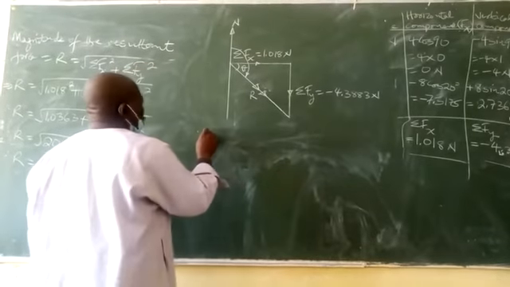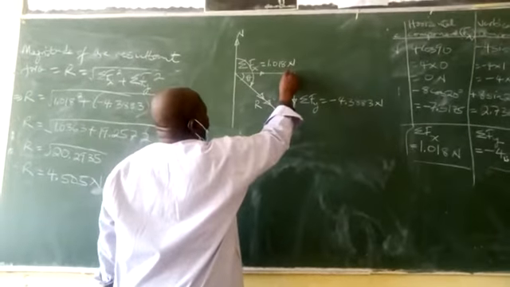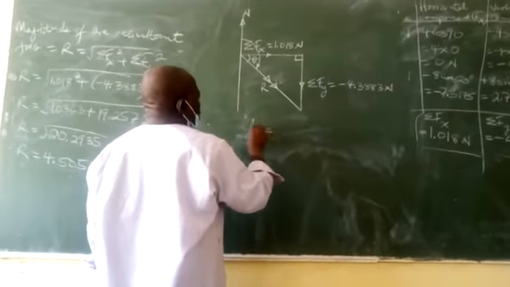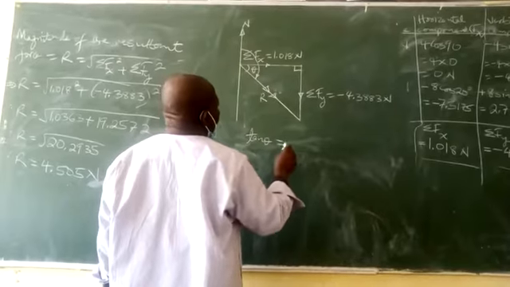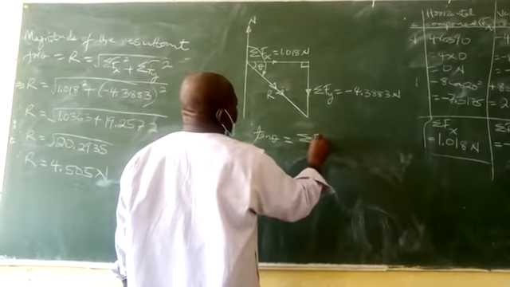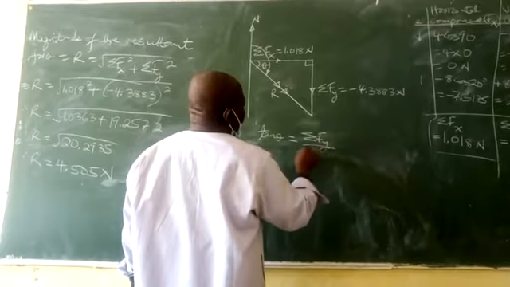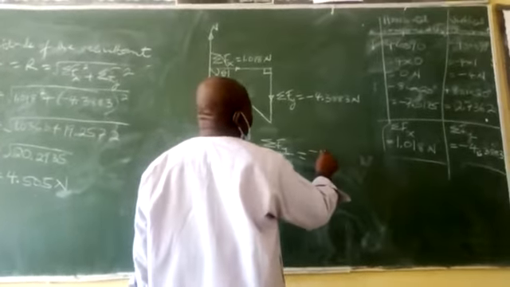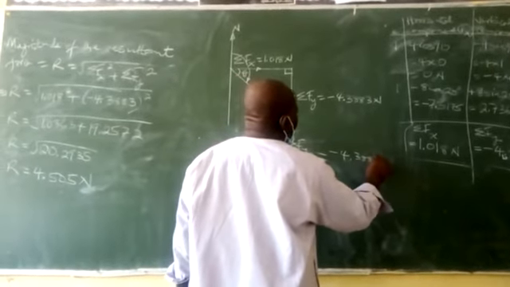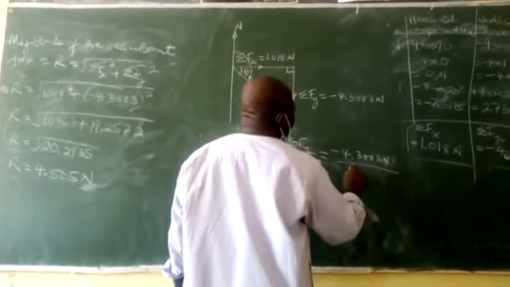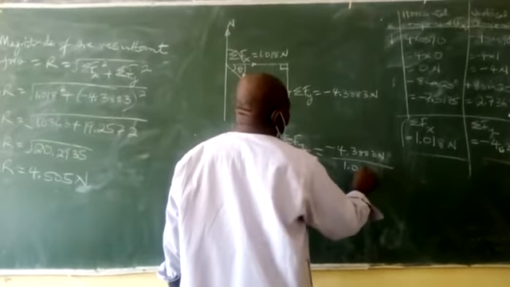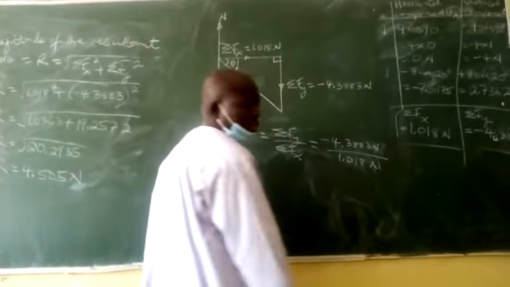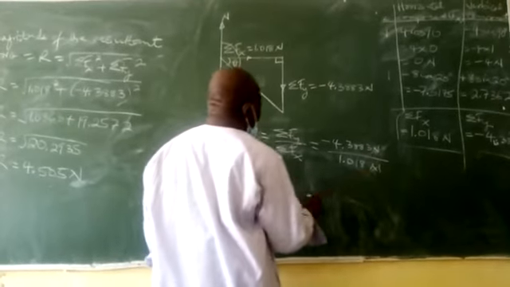So here, in that right angle triangle, tan theta is equal to summation F of y, which is opposite, over summation F of x, which is adjacent. That would be minus 4.3883 Newton over 1.018 Newton.